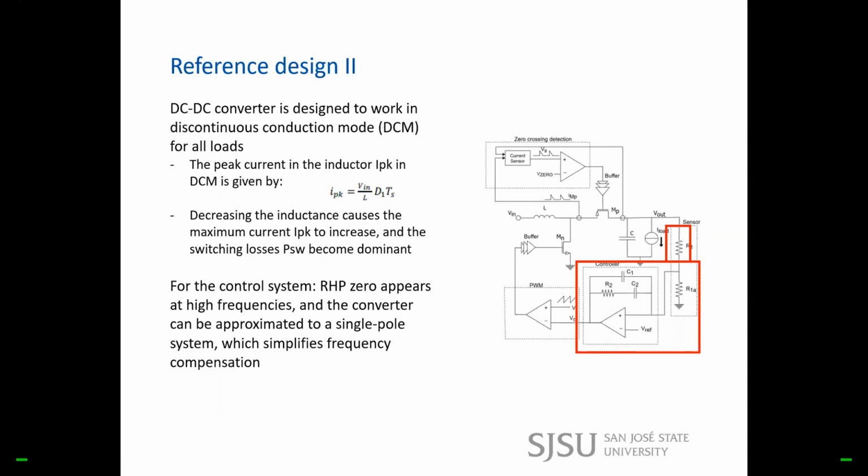Decreasing the inductance can cause the maximum current to increase, and the power losses of the switching can become dominant, which means you have more losses. For the control system, the right-half-plane zero appears at high frequency, and then the converter can be approximated as a single-pole system, which simplifies the frequency compensation.